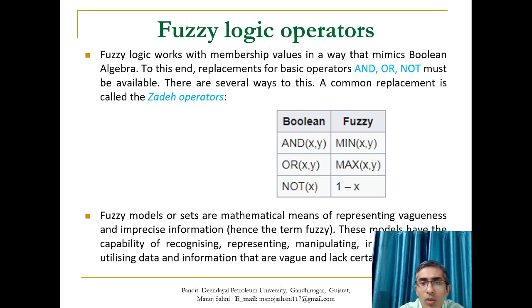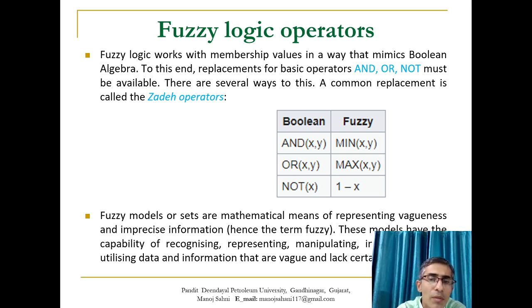If I have to use fuzzy logic, we need to define the operations also. In the crisp set, we define AND the Boolean way, and in fuzzy, AND is replaced with minimum.